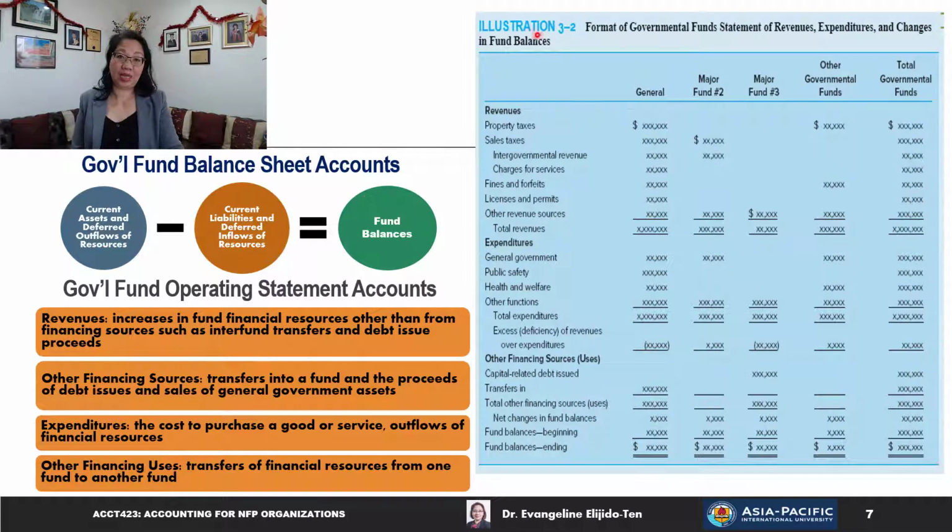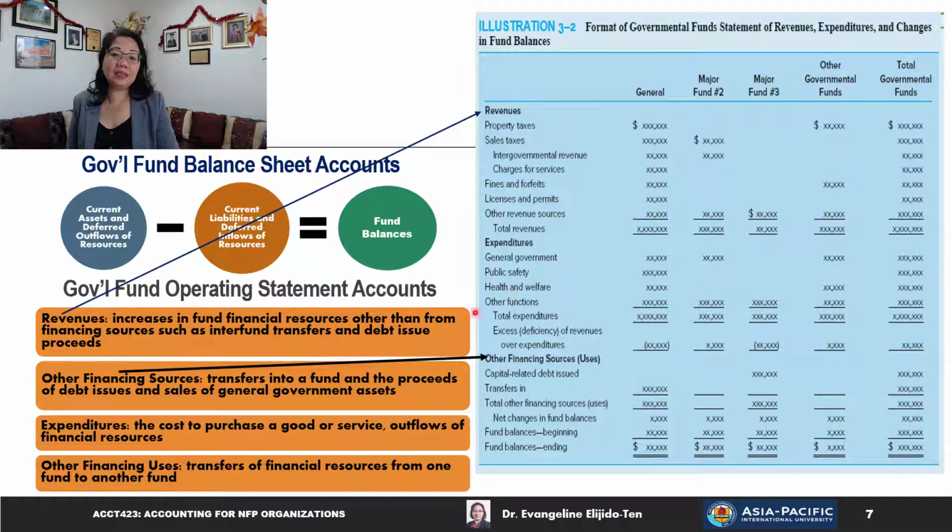So as shown in illustration 3-2, here is the format of the governmental fund statement of revenues, expenditures, and changes in fund balances. As you can see here, the revenues are shown first, all right? Revenues in the form of property taxes, other taxes, fines, forfeitures, licenses, and the like.